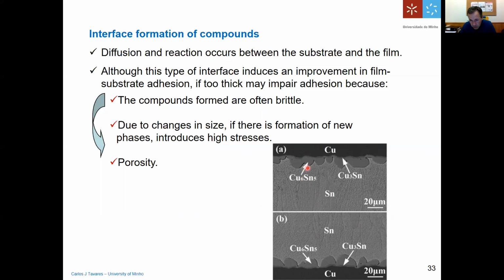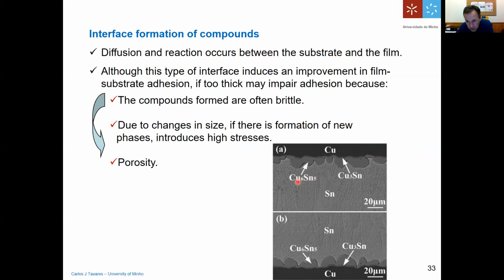And if one makes an EDS analysis, so energy dispersive X-ray analysis, you can actually estimate the composition of these grains that you have here at the interface between copper and tin. And these alloyed grains that you see here have different composition.